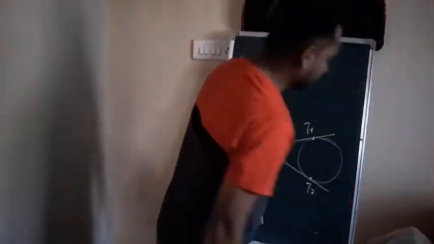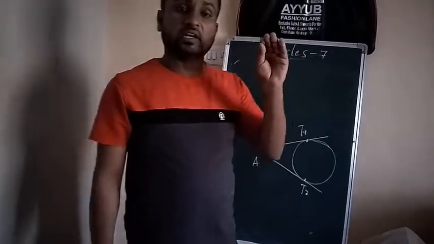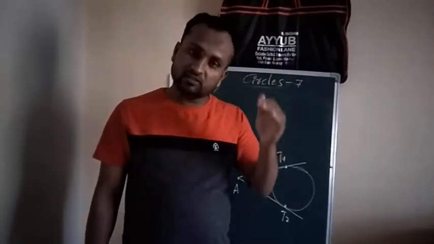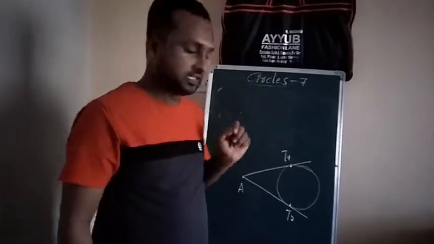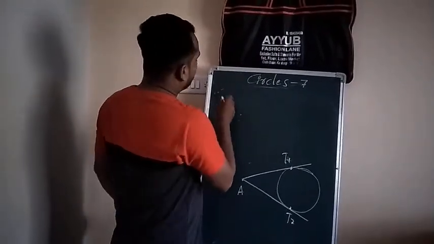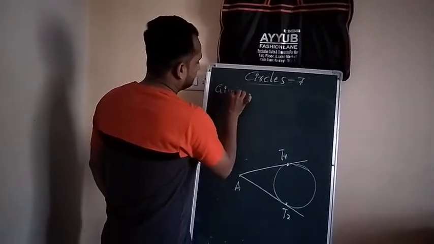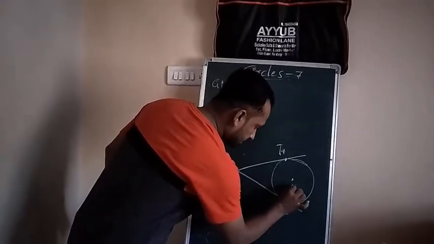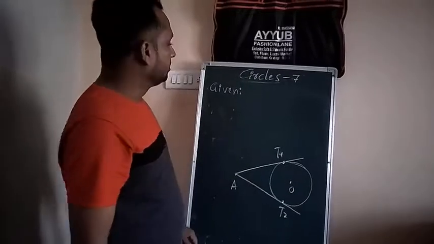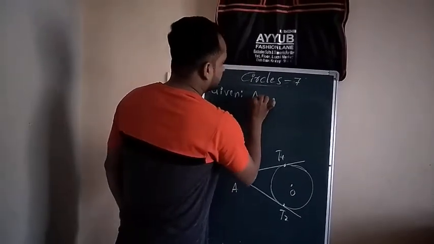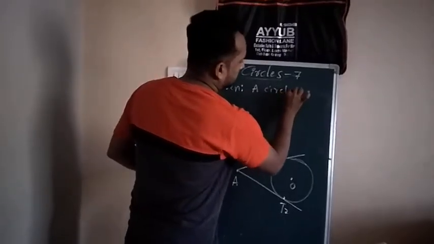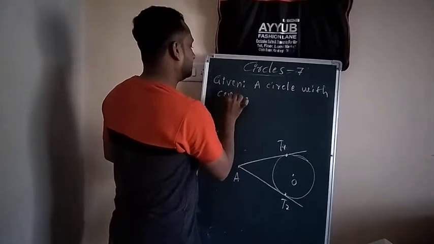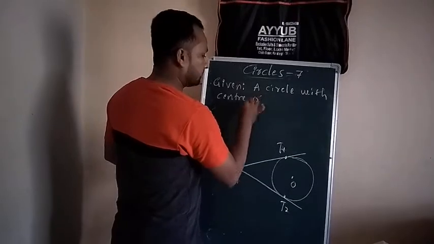Now see, for every theorem first you have to write what is given, then what they asked to prove, then the proof. Step by step is compulsory in the theorem. Now see what is given in the theorem here. Given a circle with center O. Okay?